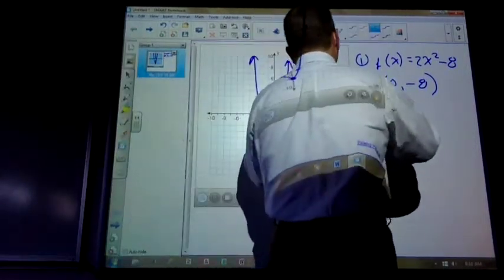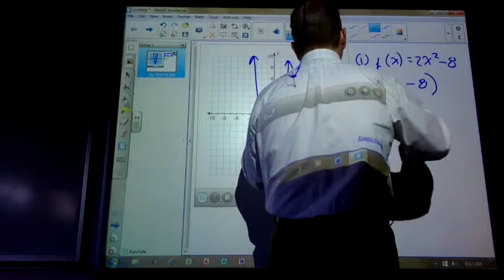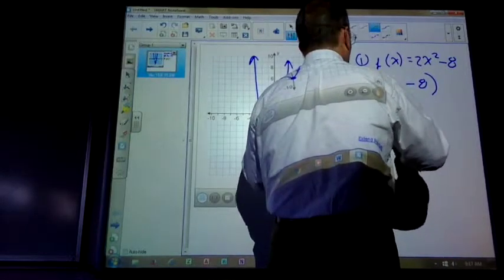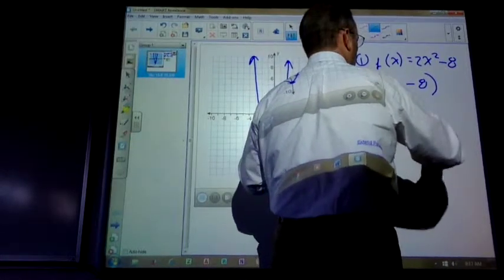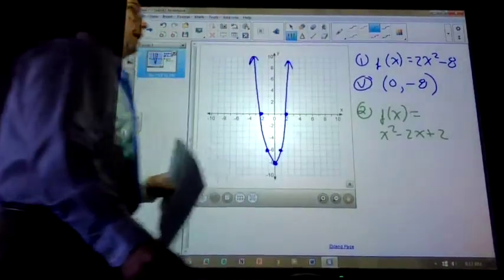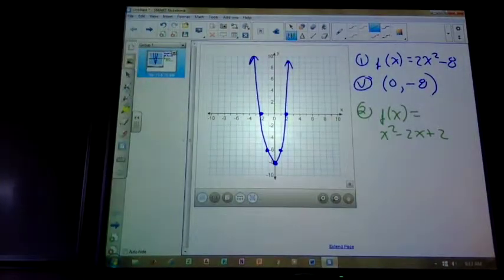Number 2, we have f of x is equal to x squared minus 2x plus 2. So I can use my negative b over 2a, which gives me negative negative 2 over 2 times 1, right? So negative negative 2 is positive 2 over 2.